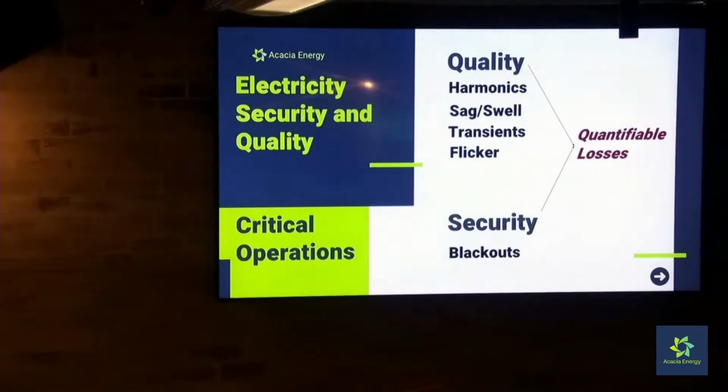So where we always start when we do these power quality studies and work with customers is we're looking for the customer to be able to say to us, we have a problem and this is the extent of our problem. Critical to resolving any of these power quality issues is the amount of money it is costing you in downtime, lost production, labour, etc.